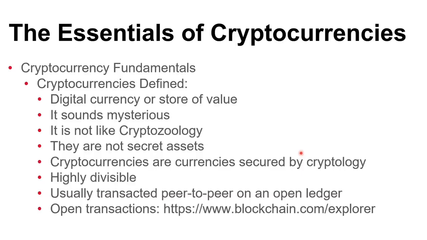There are no secret assets. Cryptocurrencies are currencies that are secured by cryptology. Most cryptocurrencies, if not all of them, are highly divisible, and they are usually transacted peer-to-peer on an open ledger. And again, just like we did earlier, take a look at a blockchain explorer for Bitcoin and for other cryptocurrencies.